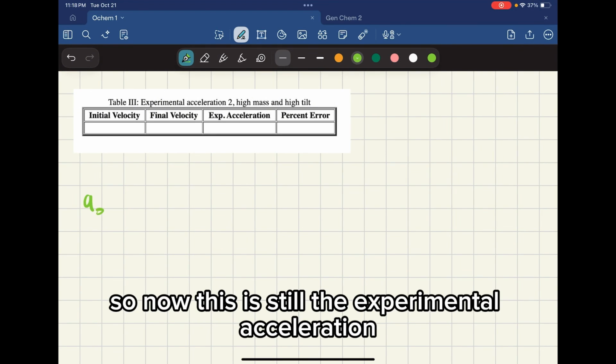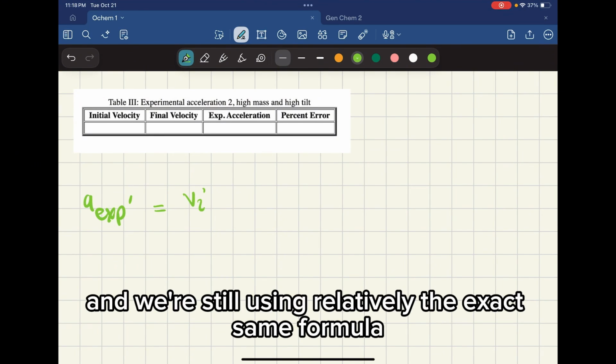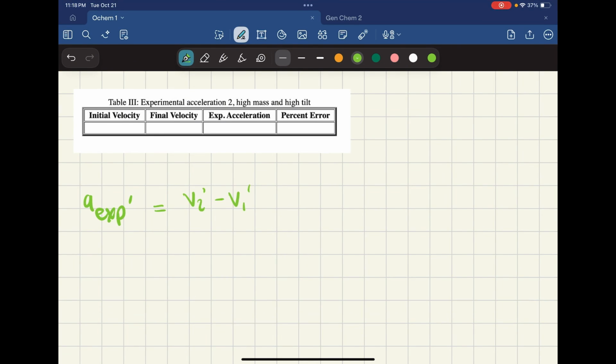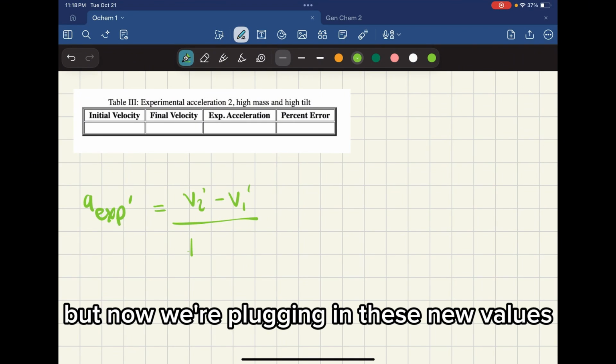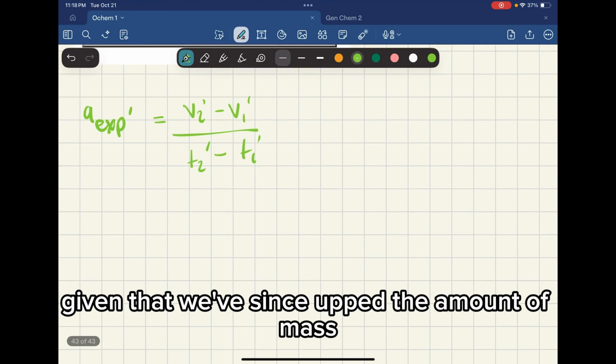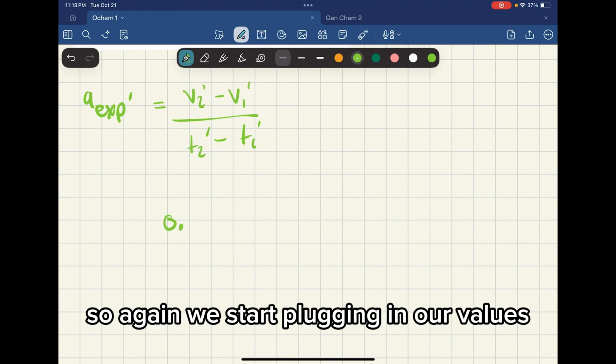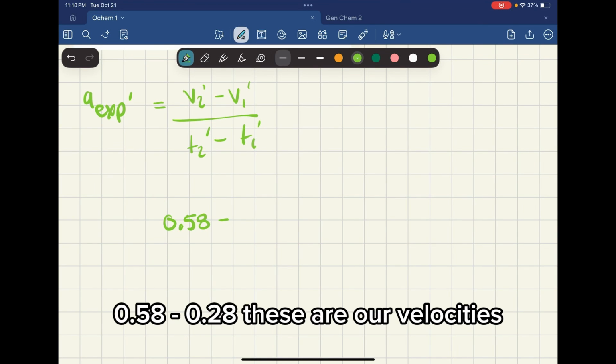So now this is still the experimental acceleration, but I'll call it prime, right? And we're still using relatively the exact same formula. But now we're plugging in these new values given that we've since upped the amount of mass. So again, we start plugging in our values, 0.58 minus 0.28.